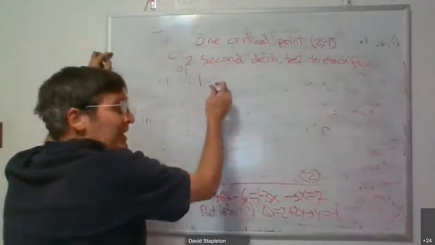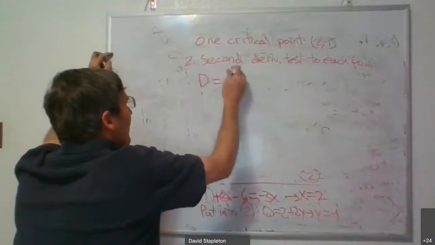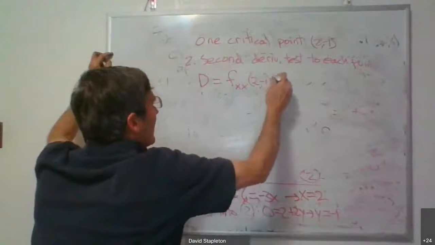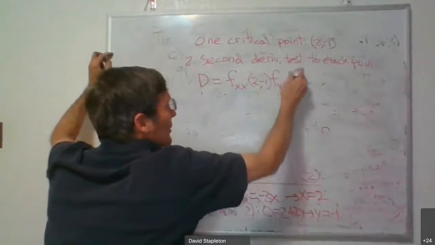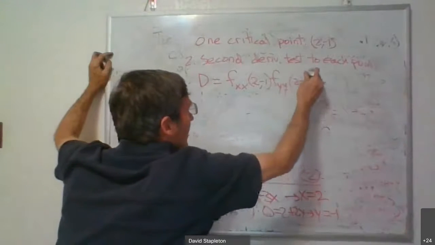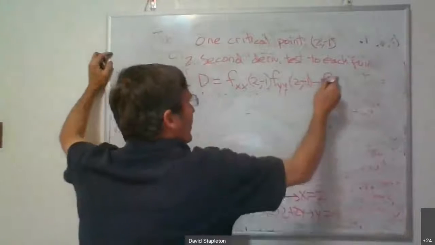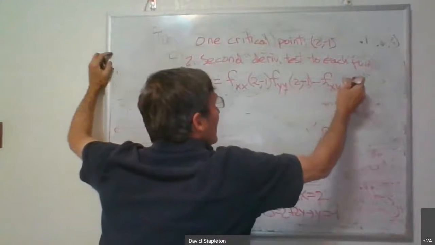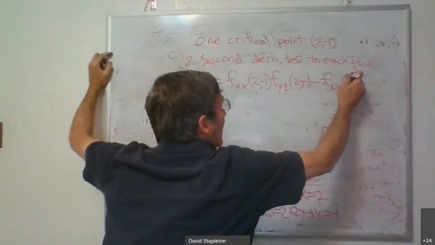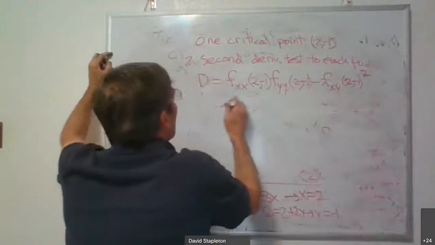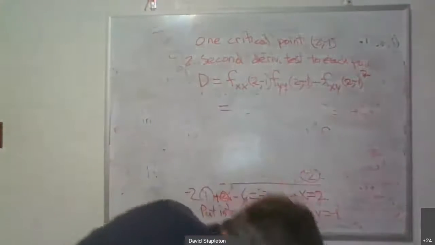And I first compute D, right? D equals fxx at the critical point times fyy at the critical point minus fxy squared at the critical point. Well, let's look these up again.